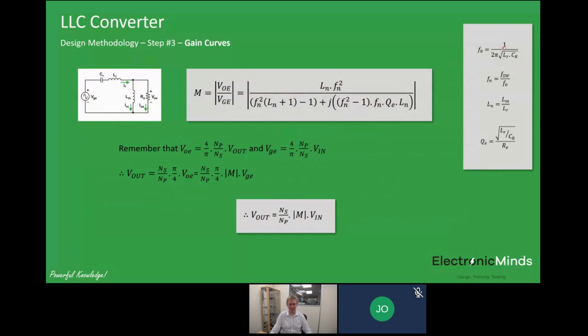The key thing here is we form these equations that give us a magnitude of gain of that network, which, if you work through the analysis of the system, gives the output voltage as simply the turns ratio times the magnitude of that gain times the input voltage. So all of the terms except M are fixed. M is the term that we're using frequency to vary, to vary the gain of the converter, to respond to the regulation requirements of the system.